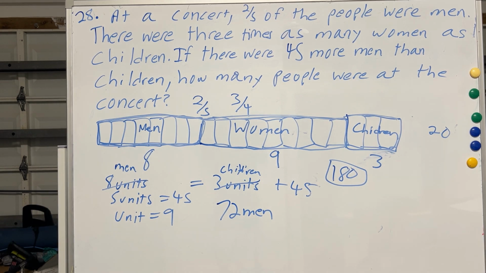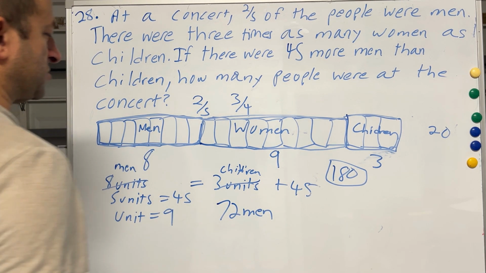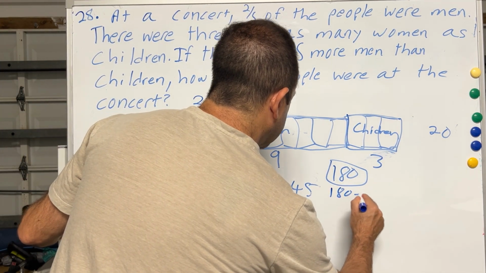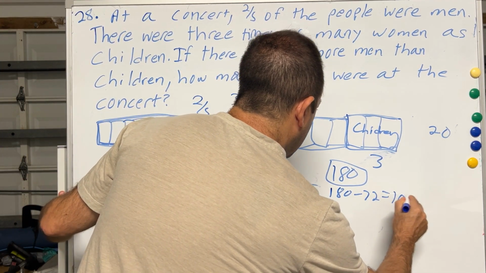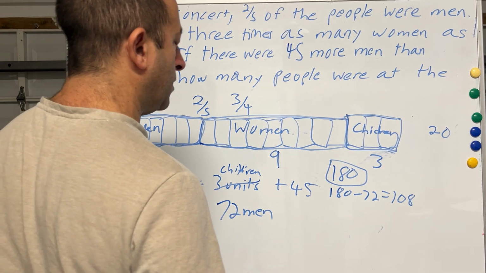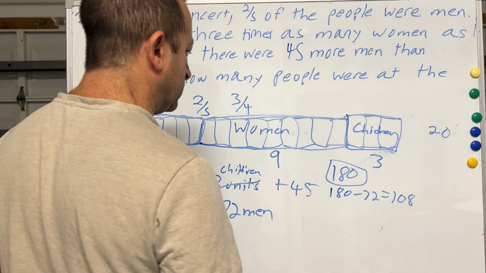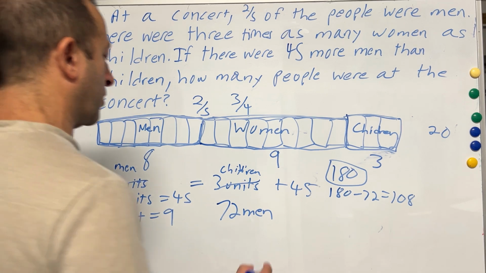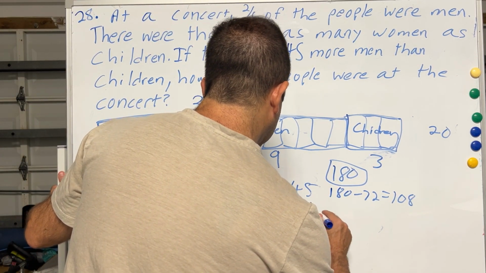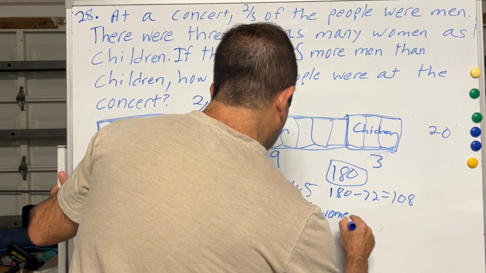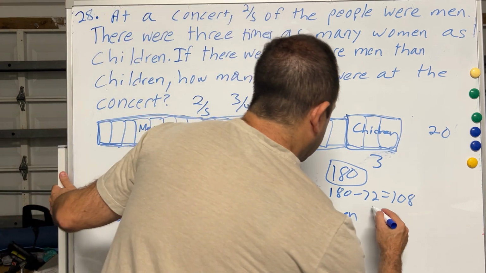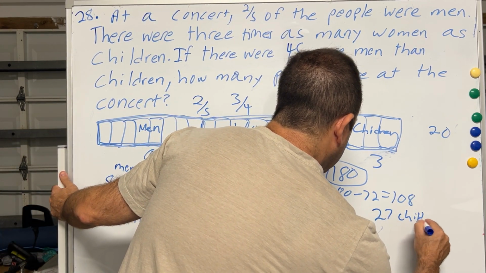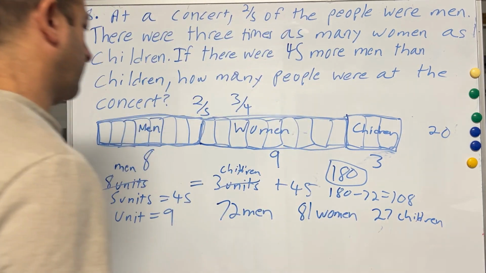Then the remainder is 180 minus 72. That is 108. We know that 3/4 of them are women, and a quarter of 108 is 27. 3/4 is 81, and then children is 1/4 of 108, 27.